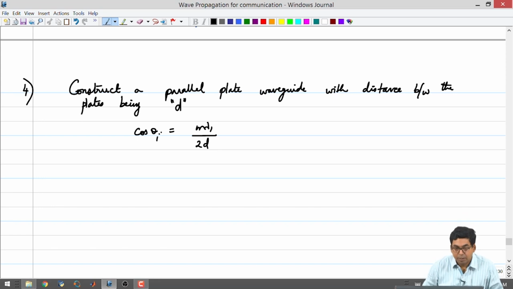Are there specific angles at which you can launch? The answer seems to be so, right. Cos theta I is m lambda 1 divided by 2d. So, let us take that rosy picture and repaint it again. Originally we said that we have a parallel plate, it will be a source of a delay. It is a variable source of delay depending upon the angle of launch, but it is not going to be a smooth variation of delay by no means, all right, because m is an integer.